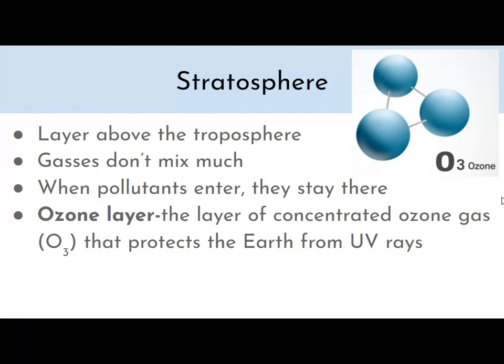And as we know, radiation is a carcinogen and can cause a lot of damage. We found out that there were special gases called chlorofluorocarbons, or CFCs, that, when released into the atmosphere, interact with ozone and turn it into something else, which takes ozone out of the ozone layer.